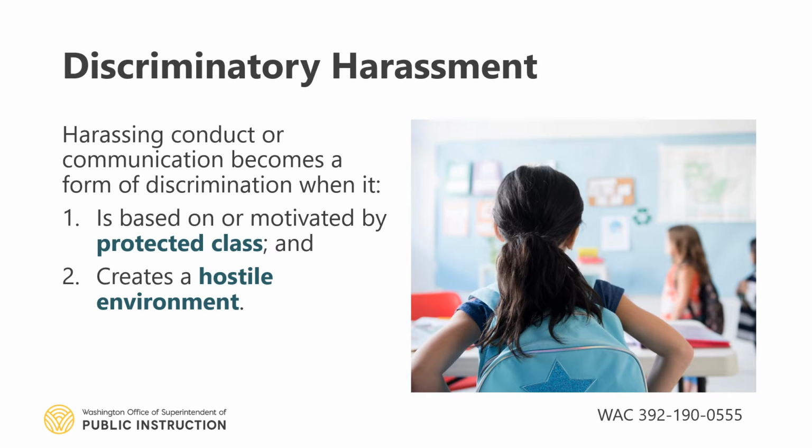Another form of discrimination that we often see in schools is discriminatory harassment. Harassment can be a form of discrimination when it is based on or motivated by protected class and creates a hostile environment. Let's break this down a bit further.